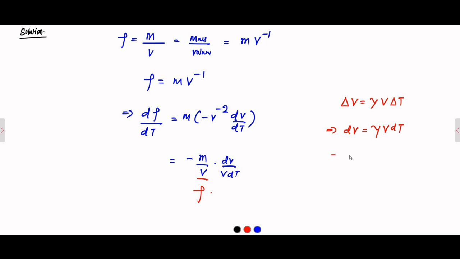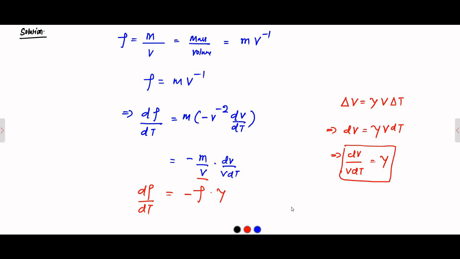So that implies dV by V dT is equal to this gamma. Okay. This is minus. So d rho by dT, the derivative of density with respect to temperature, is equal to minus rho, that is density, times the volume expansion coefficient.